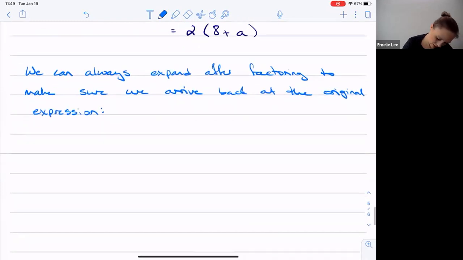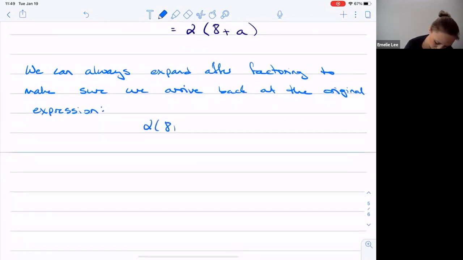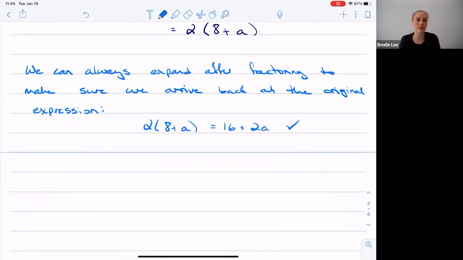Right? So 2 times a plus 8 plus a is 16 plus 2a. So it checks out.